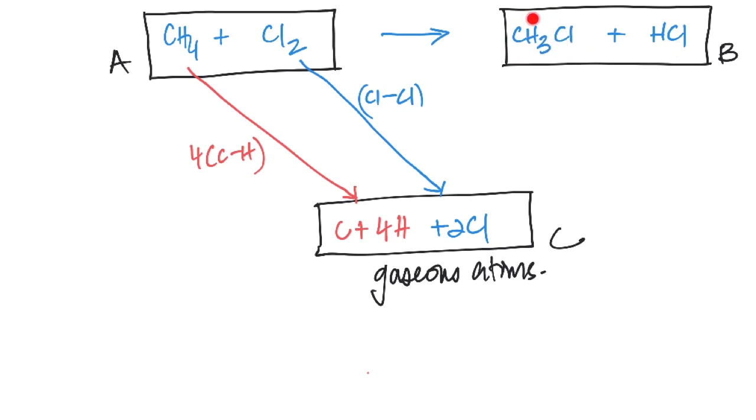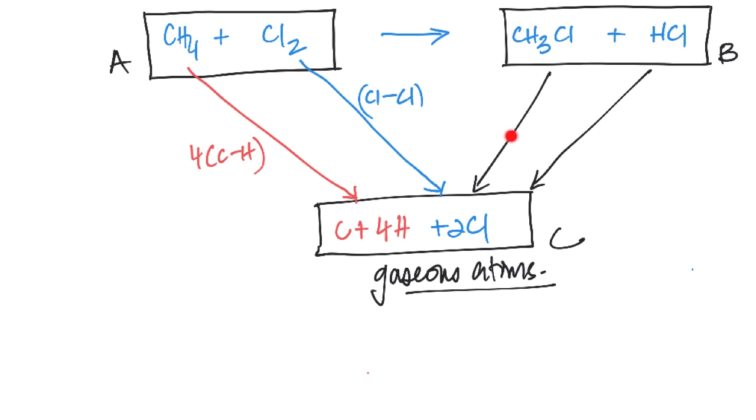What if I were to break all these bonds? What will I get? 1 C, 3 H's and 1 Cl. 1 C, 3 of the 4 H's and 1 of the 2 Cl's. And if I break this bond, I will get 1 more H and 1 more Cl. So I will get 4 H's and 2 Cl's. So I will do this also, so that from here this and this together will give me the same atoms.